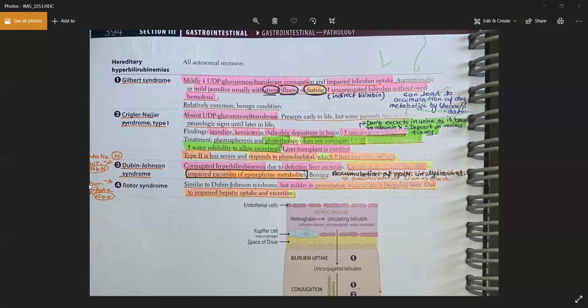So please remember, if someone asks you why you are having a very dark color in case of Dubin-Johnson syndrome, it is because of the epinephrine metabolites, HMA, VMA, metanephrine, and normetanephrine. It is a complete excretion defect from the liver. That's why we'll have a high level of epinephrine metabolites. In case of Rotor syndrome, it's just an excretion defect of the bilirubin.